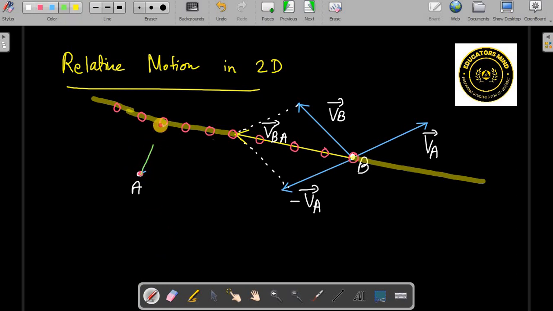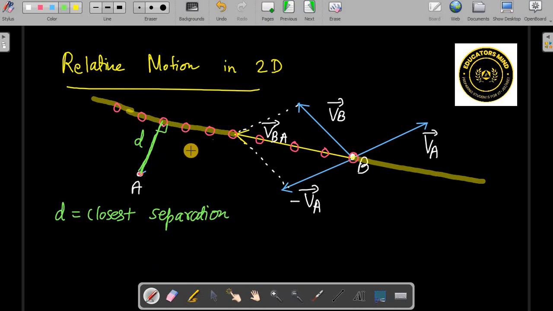But you can draw a perpendicular from here. This will be the closest separation. That distance, let's say, is D. So D is the closest distance or closest separation, you can say.